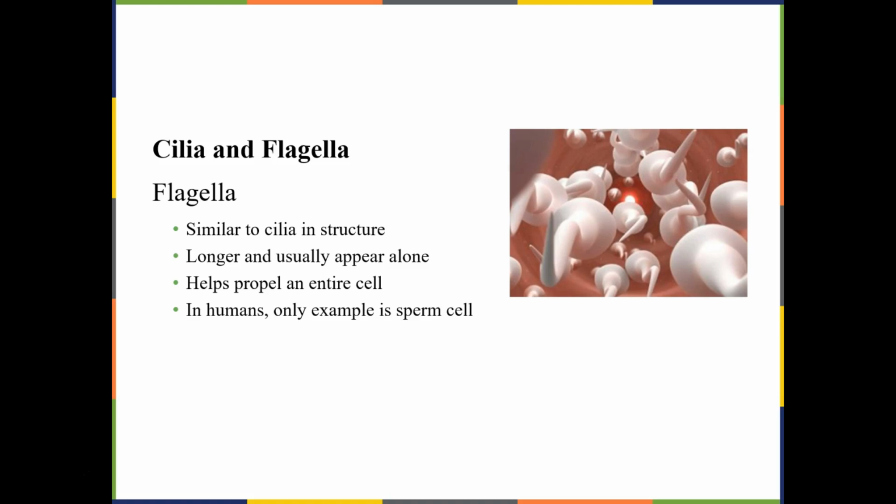And in the human, the only flagellated cell is the sperm cell, and its job is to propel the cell towards some stimulus. And in this case, flagella are constantly moving towards the egg. That's their job, that's their goal, is to find that egg.